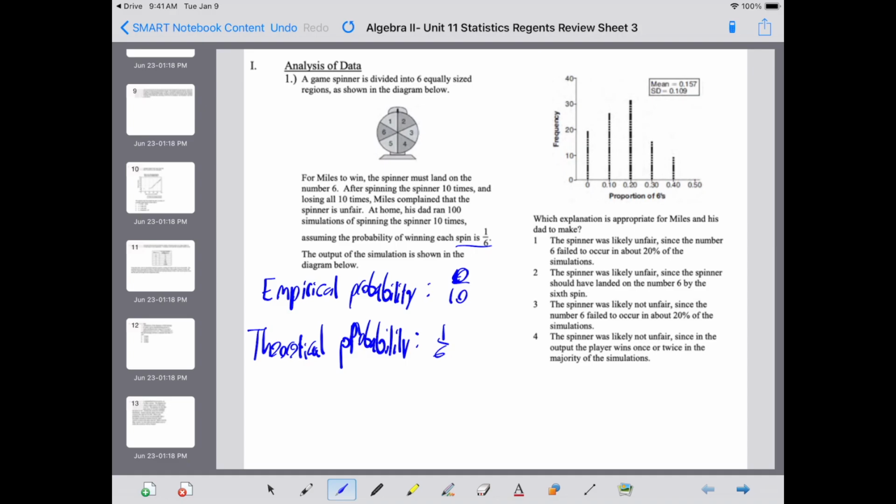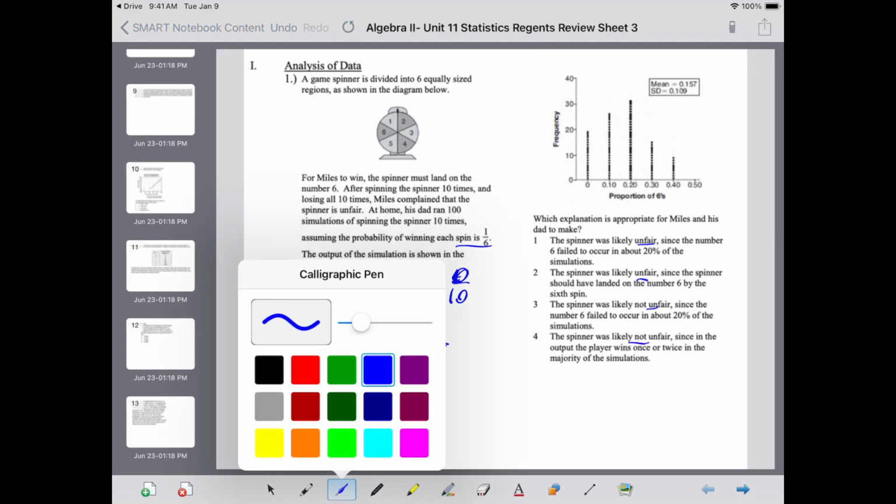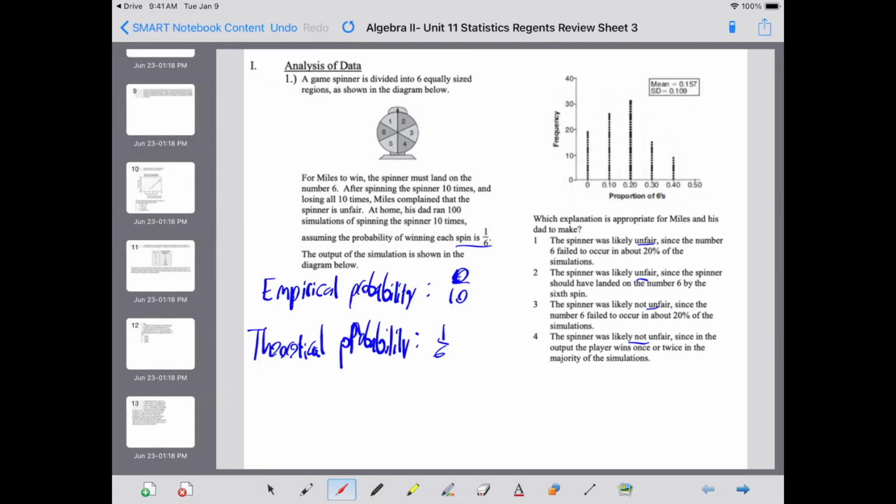So first, let's determine whether it's fair or unfair. To do that, it should fall within the middle 95%, and to find the middle 95% interval, you would take the mean and subtract 2 standard deviations, take the mean and add 2 standard deviations. The mean and the standard deviation can be found right there.